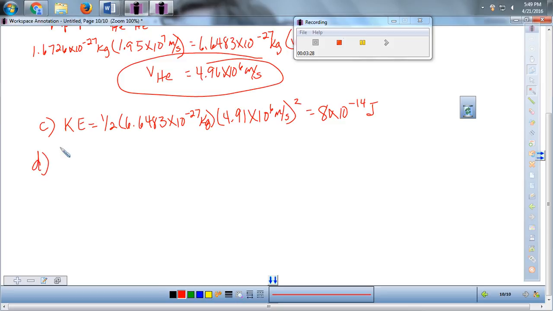Alright, then I went on to D, and D said, determine the mass that is transformed into kinetic energy in this decay. Alright, so I knew that I had 8 times 10 to the minus 14th joules, and I had 3.18 times 10 to the minus 13th joules, so that was the amount of energy that was made available.